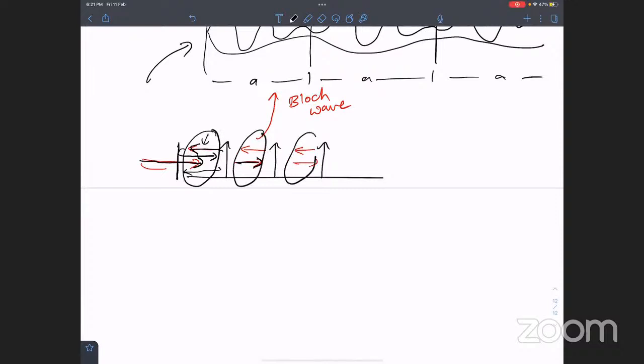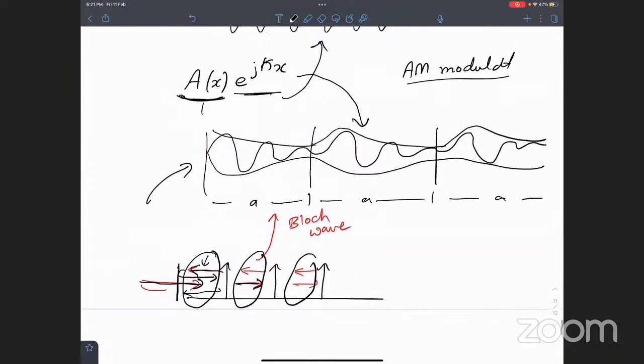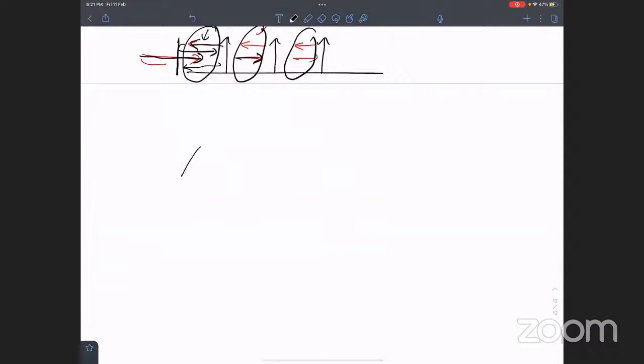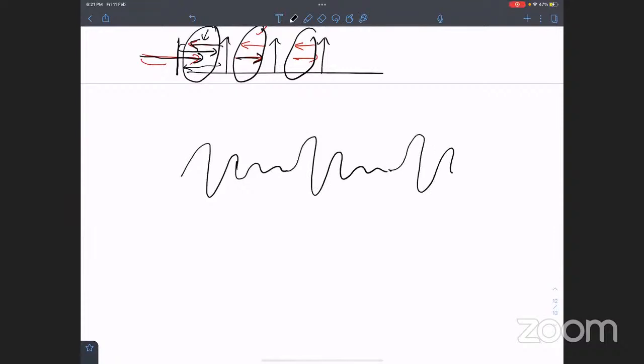When they do that, I actually end up with something that looks like an amplitude modulated wave, like a resultant of the multiple reflections. Exactly. So that is what a Bloch wave is. It is nothing but a resultant of multiple reflections adding to each other, and the periodicity of this Bloch wave is a.